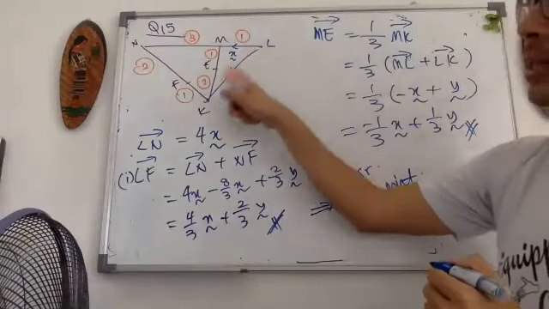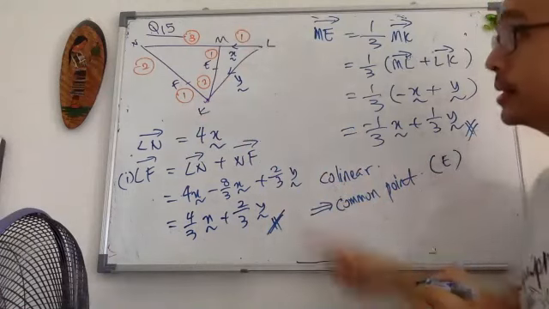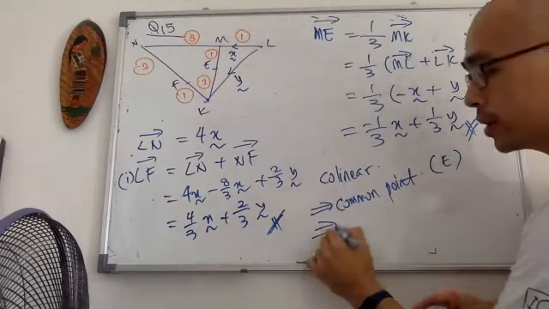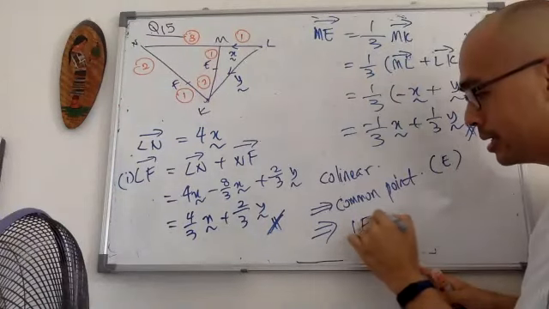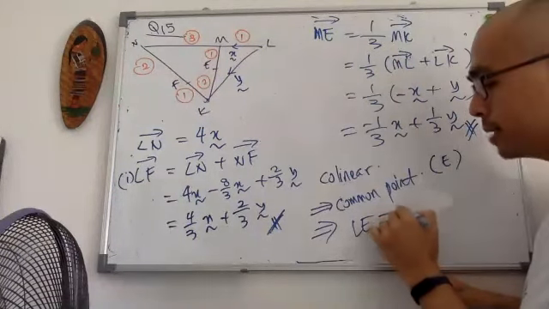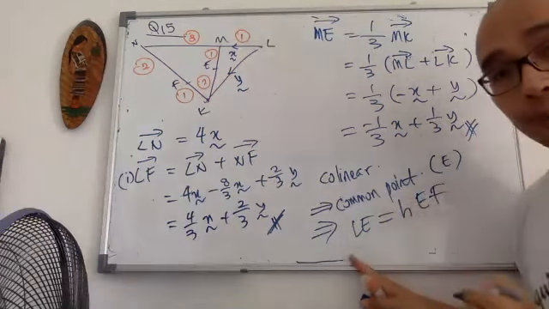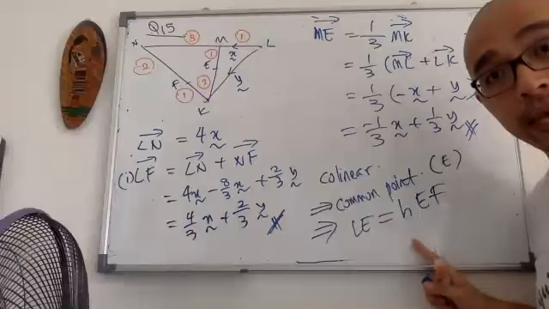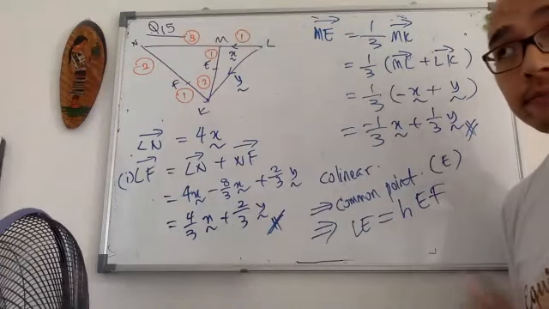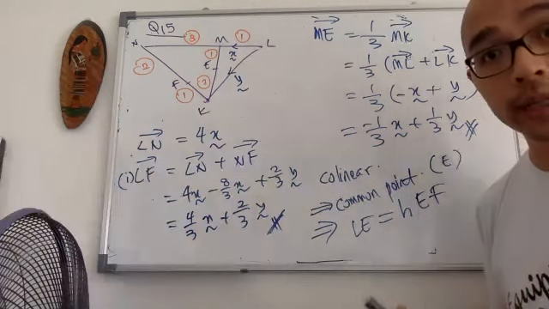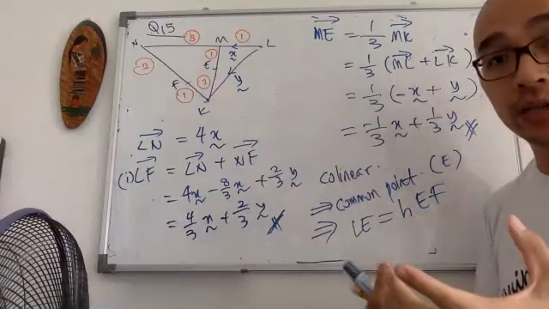In terms of L, E, and F, I would say the common point is E. Therefore, I should be able to say that LE equals a certain number, I'm going to call this h, times EF. If I can find the number h, it means that it is collinear.